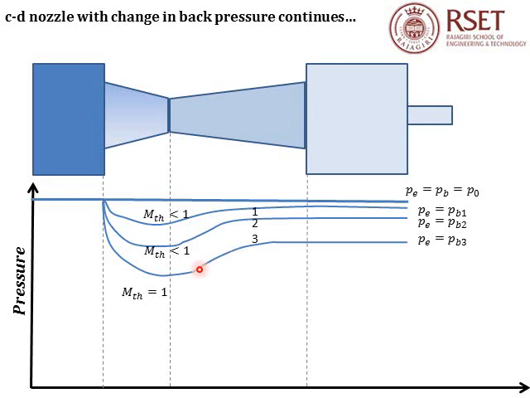Because of this, the fluid will continue to flow in the subsonic flow regime, so that the duct will act as a diffuser and it will increase the pressure to PB3 and then smoothly flow into the settling chamber.